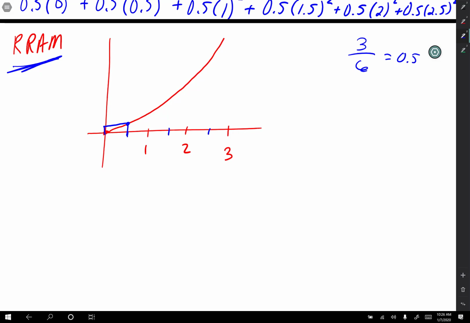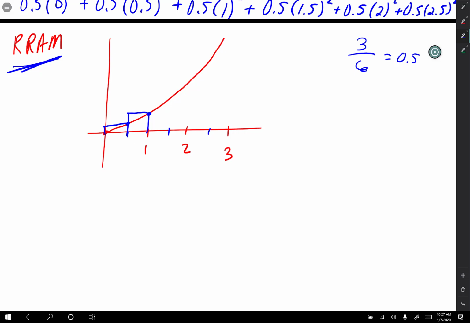Between 0.5 and 1, what's the rightmost point? 1. So start at 1, go down, and then from 1, make a rectangle with a horizontal line going to 0.5. Why are we going over the line now? Because I'm doing rightmost. My width is 0.5 no matter what.